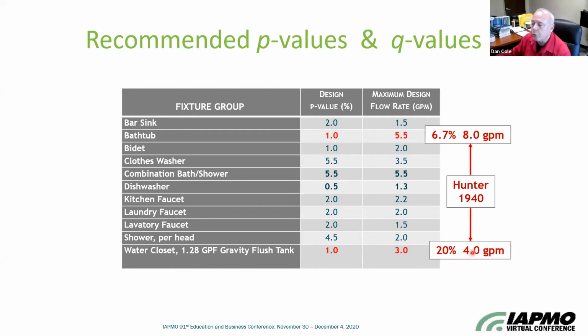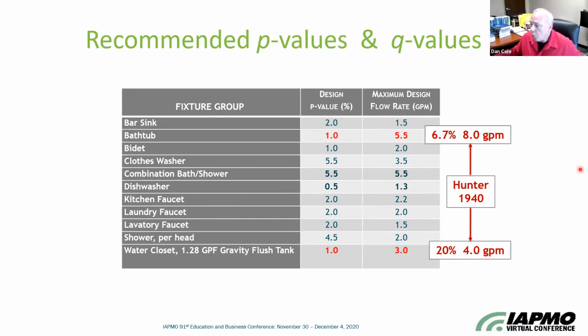Hunter assumed a 20% probability of fixture use, and we have shown from the database that there's only a 1% probability of fixture use with 3 gallons per minute for a flush tank toilet. So right there, we are already changing the parameters that Hunter used. And a lot of these overestimating errors can be resolved just by correcting the P's and the Q's, the probabilities and the flow rates.